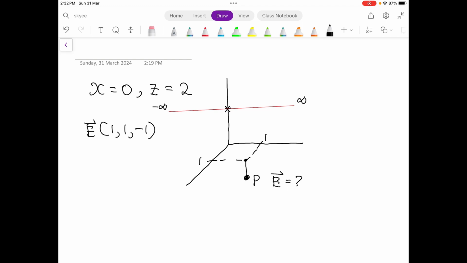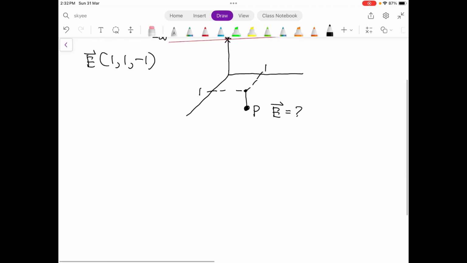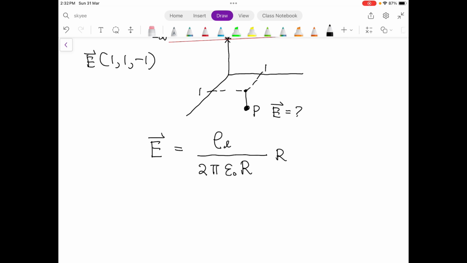So let's use the equation that we have talked about before. You have rho L, the line charge density, divided by 2 pi epsilon naught, times R, the unit vector R. This information has been given by the question.